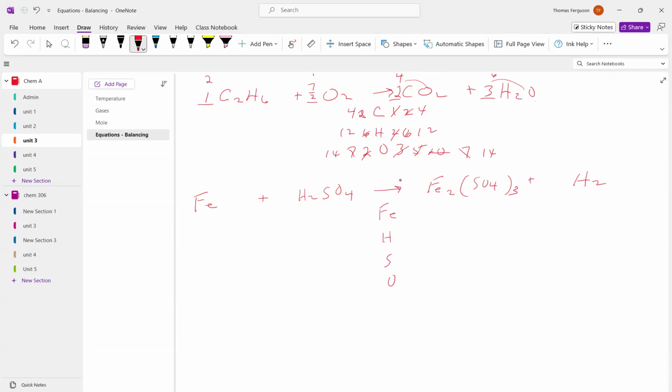Okay, so we have SO4, which is called sulfate ion. It's a group, SO4. Do we have SO4 on the left also? We do. So we're going to start by grouping them and keeping them together.